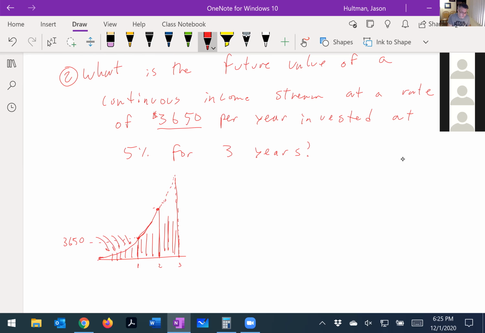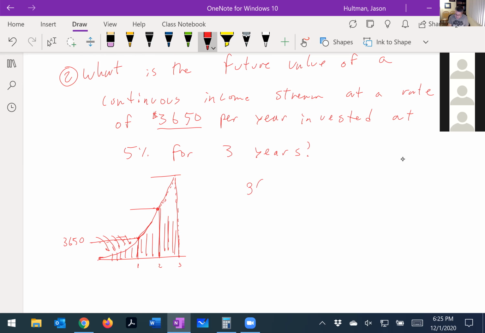So here's how this works. The accumulated value is going to be bigger than the sum of just plopping in 3,650 each year.